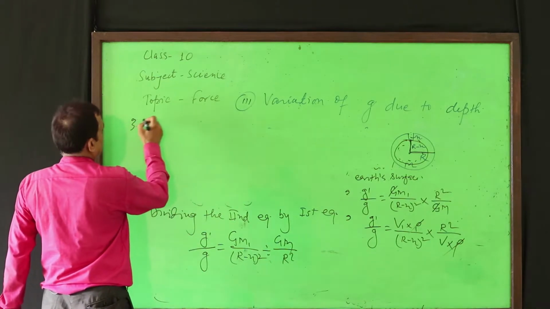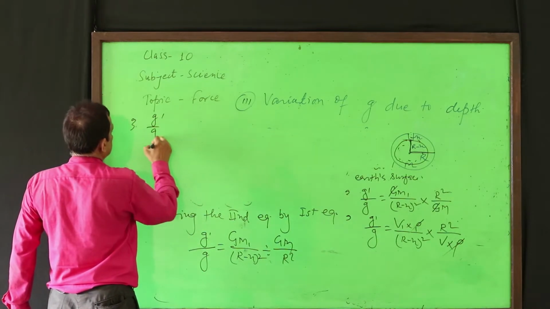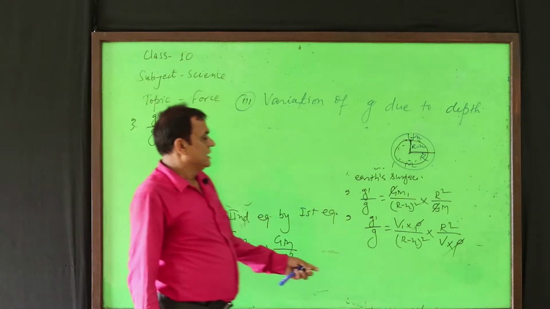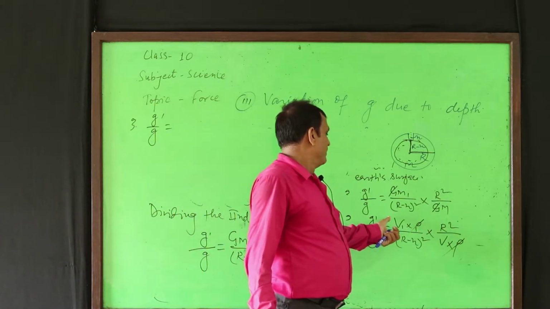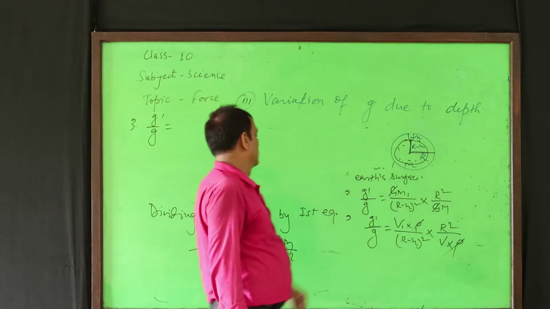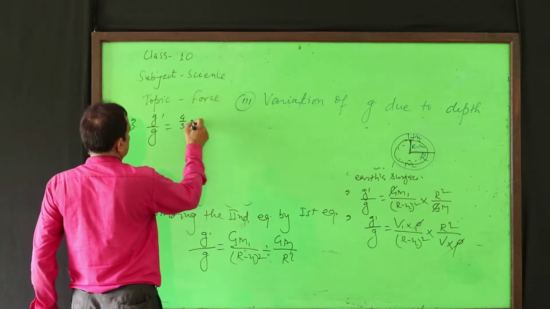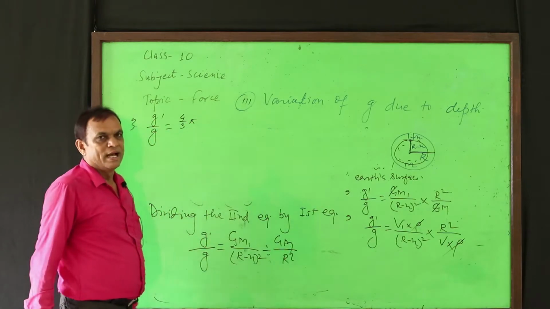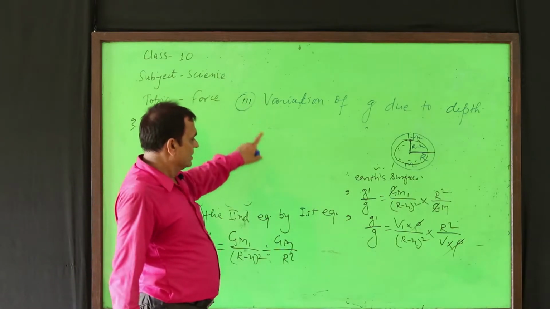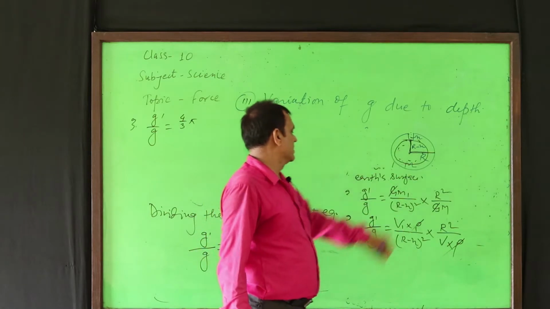Our g dash by g equal to, if we use the volume of a sphere, we get here 4 by 3 pi r cube. R cube means the radius of the earth is r minus x here.